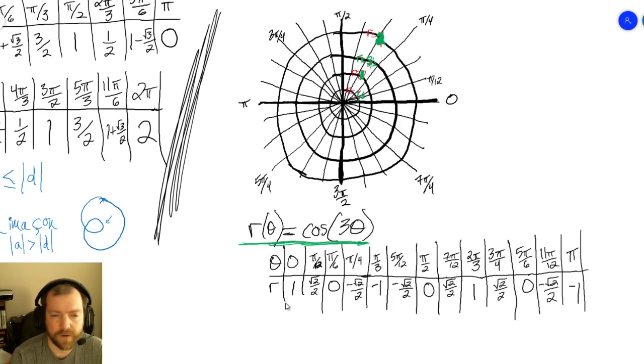All right, so 0, 1 gets us this point here. Pi over 12 by root 2 over 2 gets us somewhere right about here, right in the middle of that number. Pi over 6. So by the time we reach this pi over 6 right here, we should be back to 0.